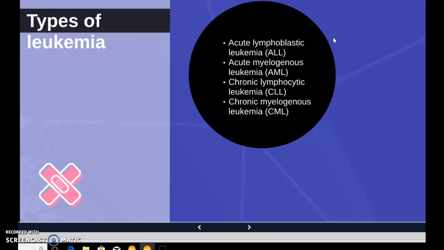In our chronic leukemias, the predominant cell is more differentiated, but it does not function normally, and it has a relatively slow progression. So our chronic leukemias are chronic lymphocytic leukemia, or CLL, and chronic myelogenous leukemia, or CML.